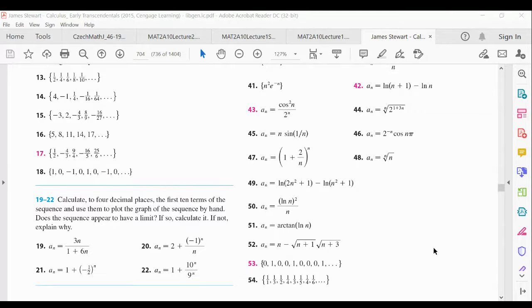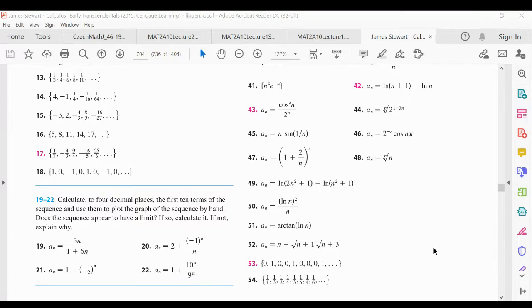So when n is 1, a1 is the term 1 plus 2 divided by 1, raised to the 1, which is 3. a2 will be 1 plus 2 divided by 2, raised to the 2, which is going to be 2 squared, which is 4.